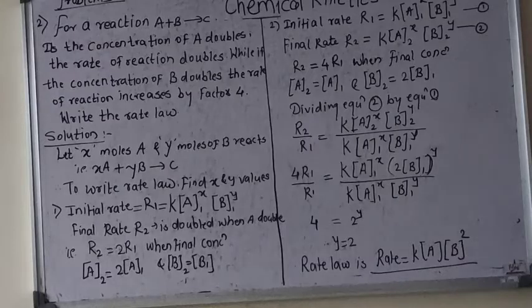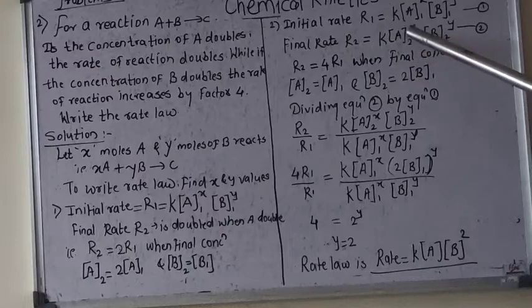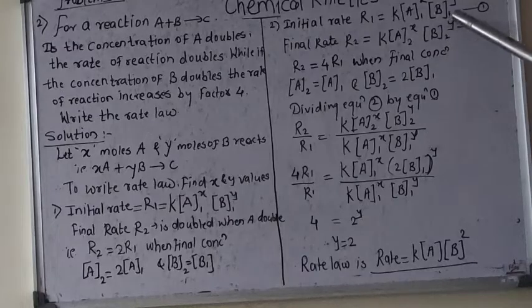We have to write the rate law. The initial rate is given by R1 equals K times the molar concentration of A1 to the power of X times B1 to the power of Y. The final rate is R2 equals K times A2 to the power of X times the molar concentration of B2 to the power of Y. These are equations 1 and 2.